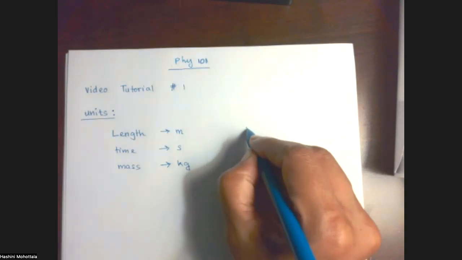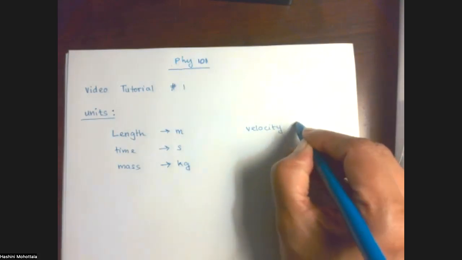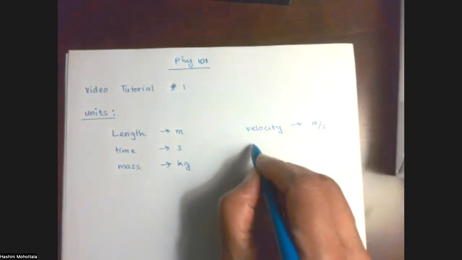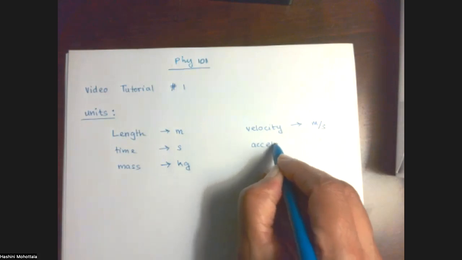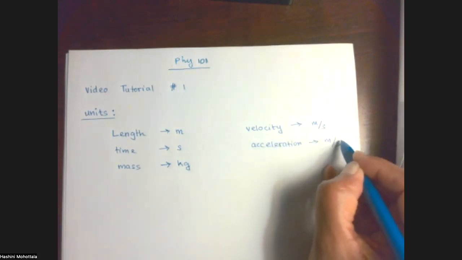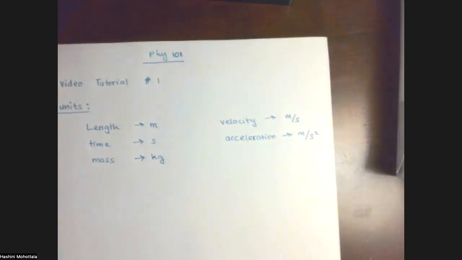I'm going to give you the commonly used units in our lecture. Velocity is given in meter per second, and acceleration in meter per second squared.